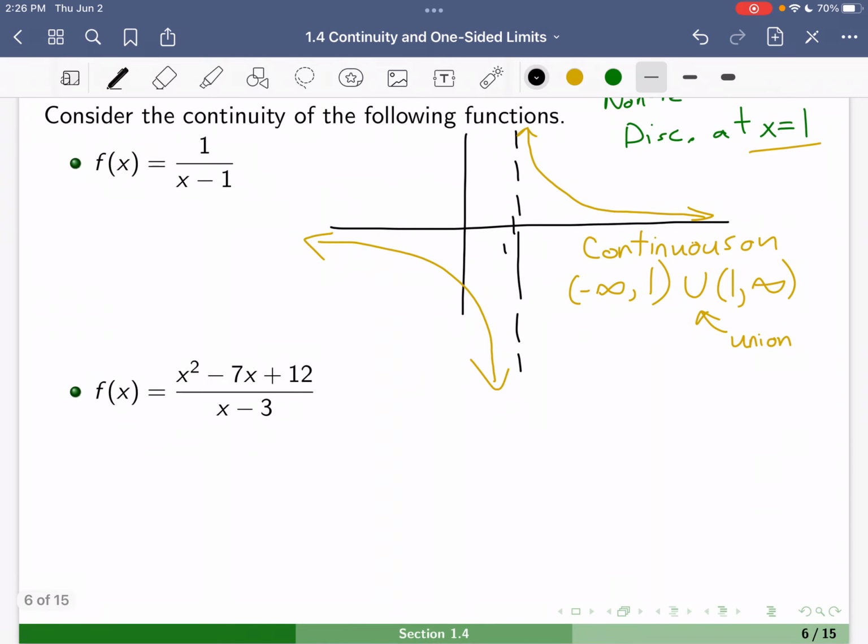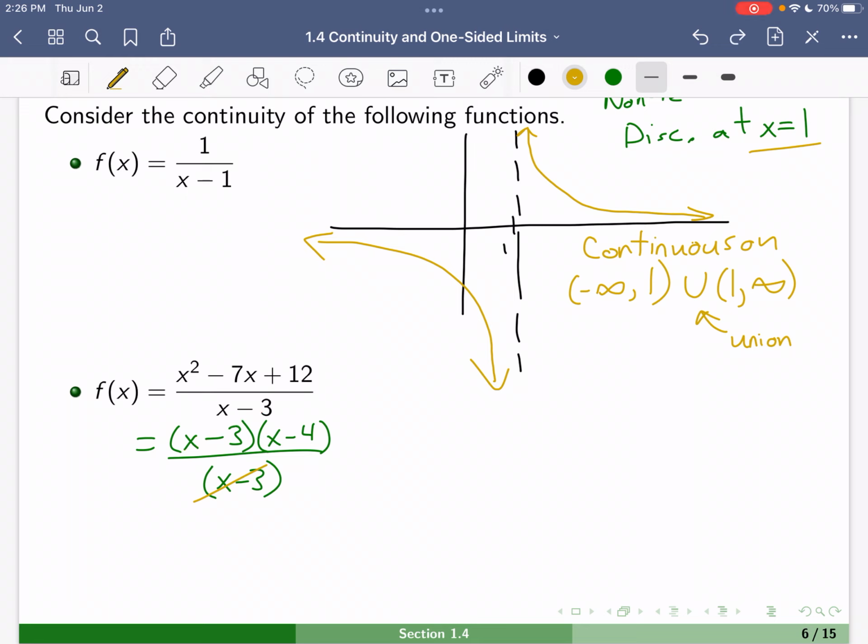Let's look at the second example. Something we might observe is that the top part will factor into x minus 3 times x minus 4, over x minus 3. Now you might be tempted to cancel out the x minus 3.